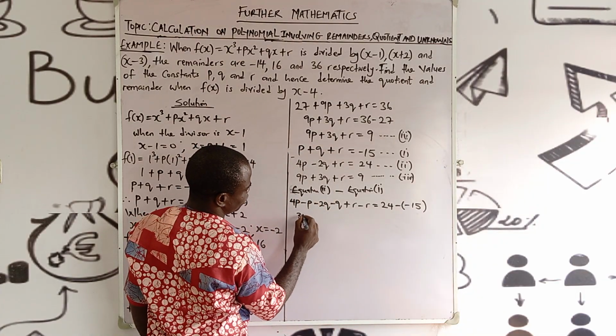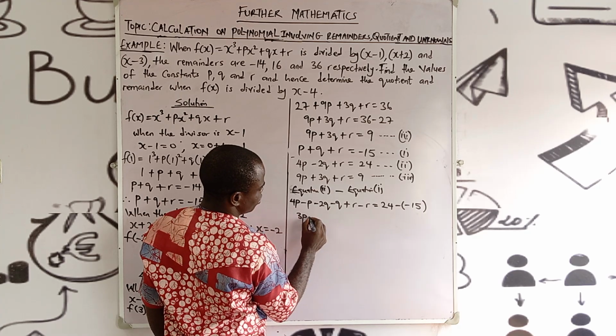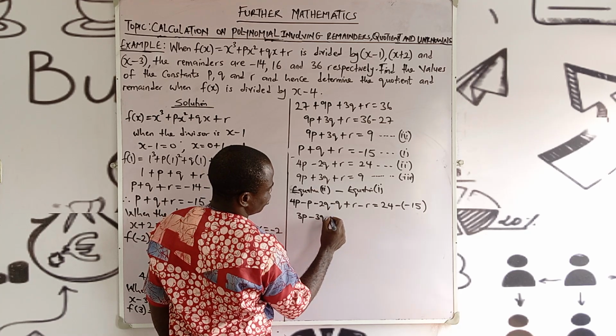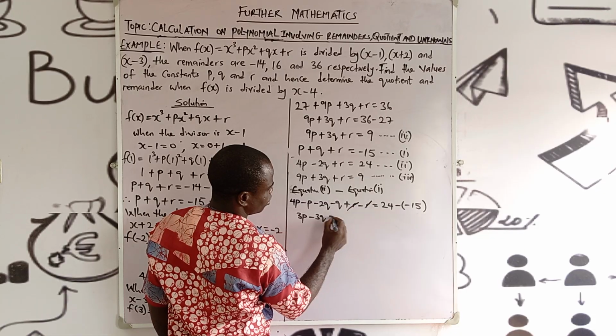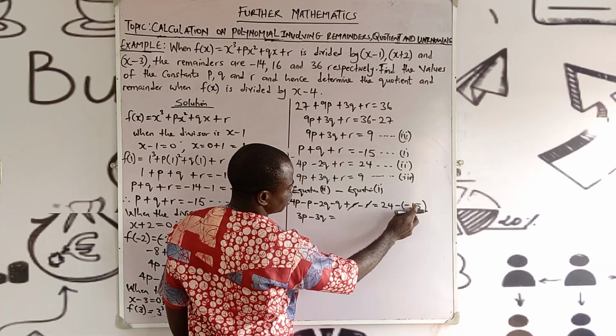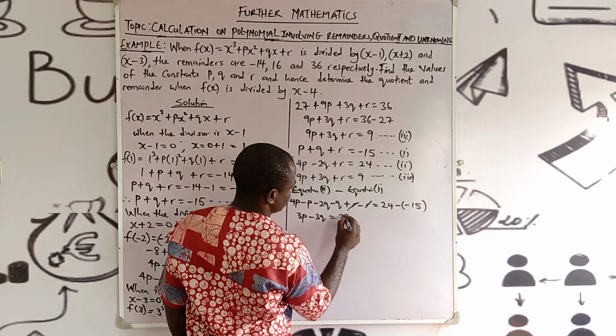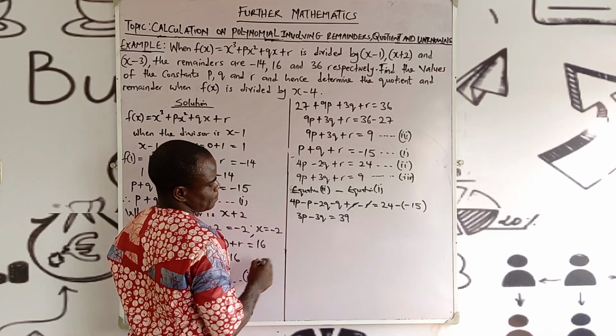Wait, it is 24 plus 15: negative and negative is positive. So 4p minus p is 3p, minus 2q minus q is minus 3q, the r cancels out, and 24 plus 15 is 39.